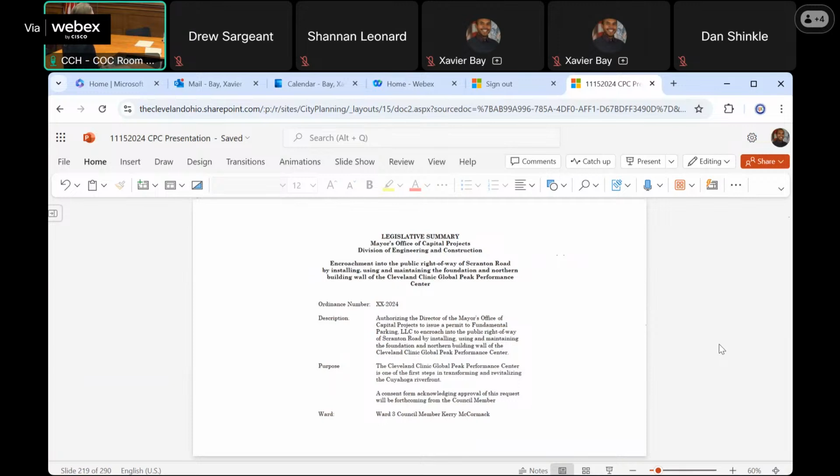I don't think I need to. I think we've seen the project multiple times, so this is pretty standard. And then the second one, we'll do a separate vote, but it's the southern wall, correct? Yes, ma'am. Okay, do we have a motion? You can make a motion to encroach into the public right of way of Scranton Road. Second. Then this is for the northern encroachment. Yes.